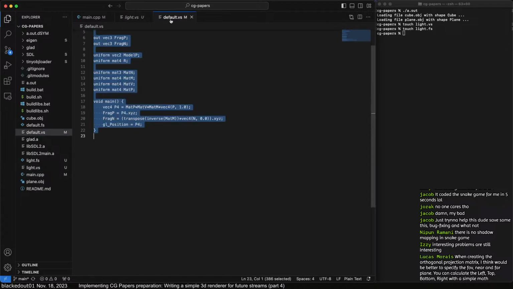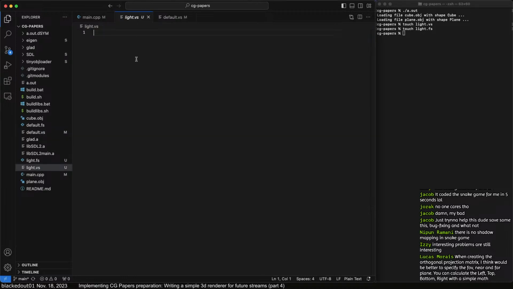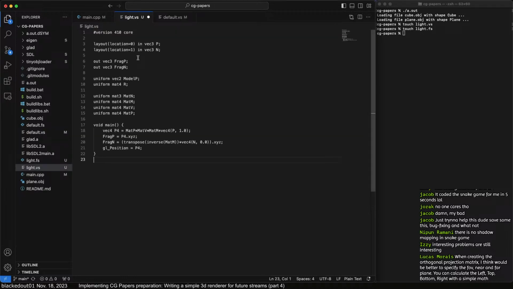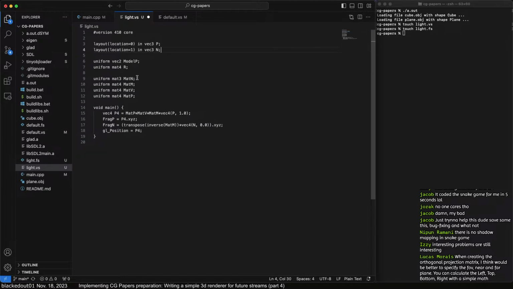So this was the default fragment shader, vertex shader, and so we still accept the same arguments, but we don't really need to output anything. But this will be clear in a second.